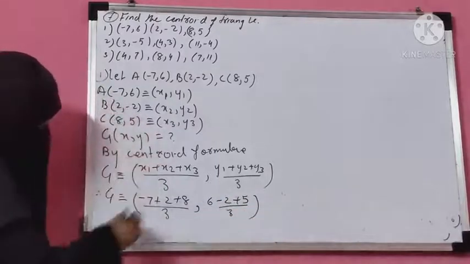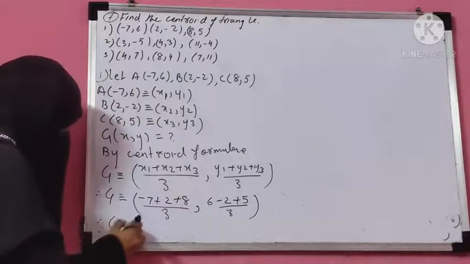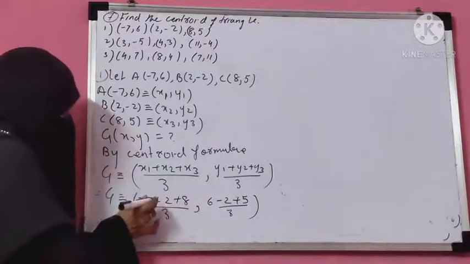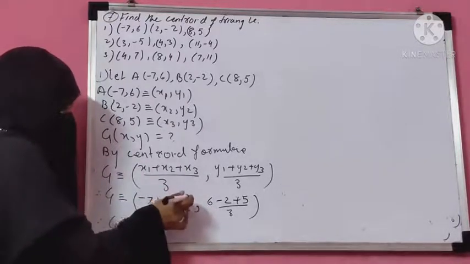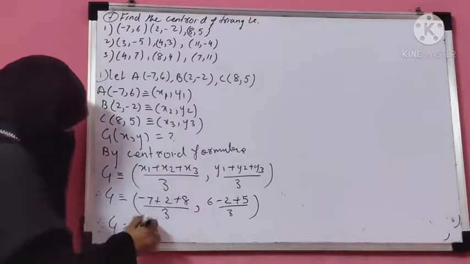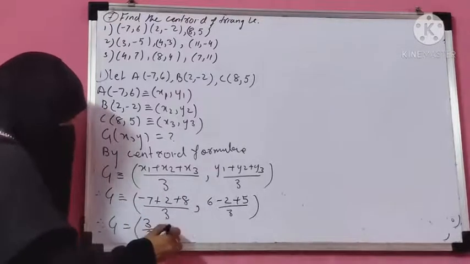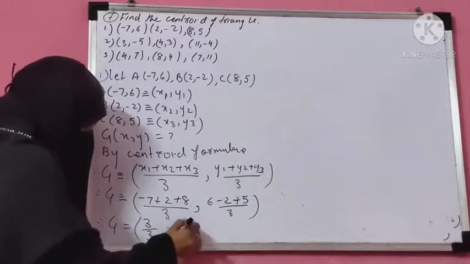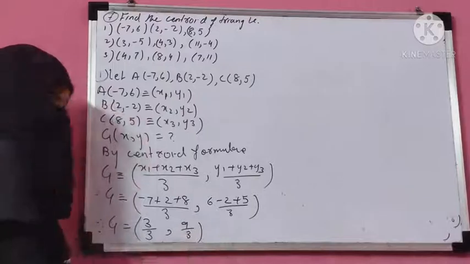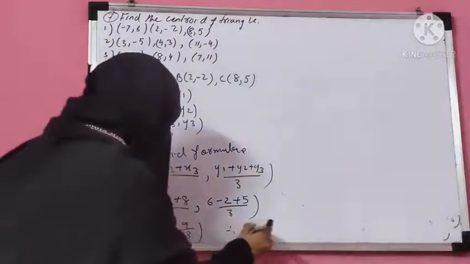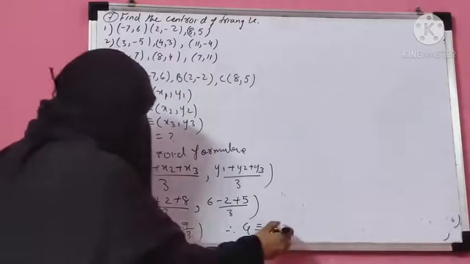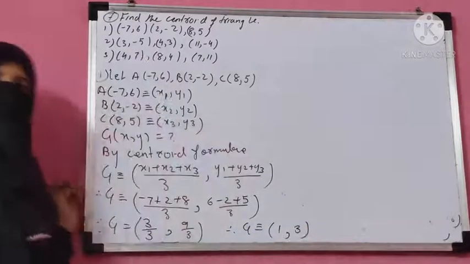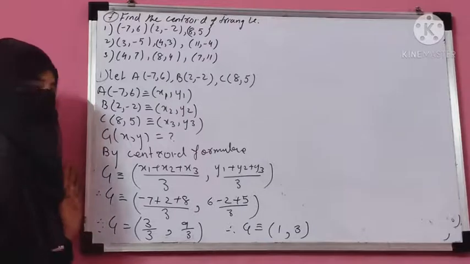Now add and subtract. 8 plus 2 is 10, 10 minus 7 is 3, so 3 upon 3. Comma. 6 minus 2 is 4, 4 plus 5 is 9, so 9 upon 3. Therefore the coordinate of point G is 3 upon 3 is 1, and 9 upon 3 is 3. Got it? This is the first question.